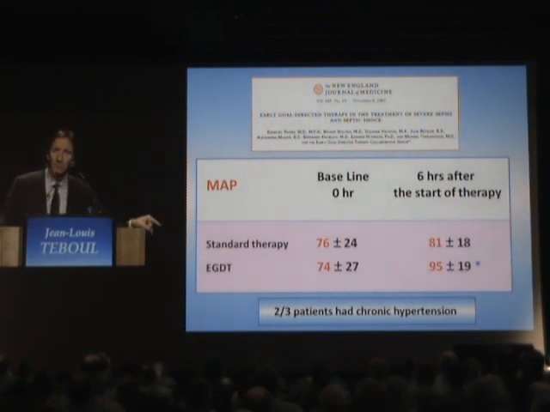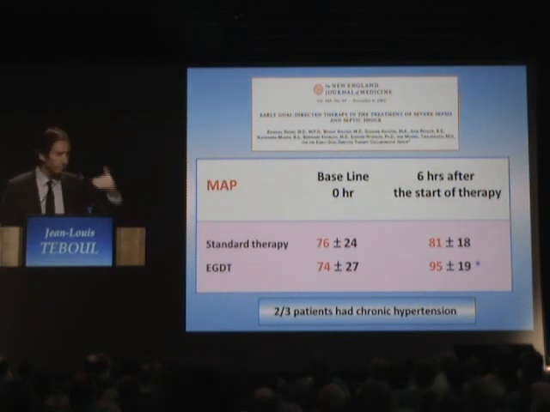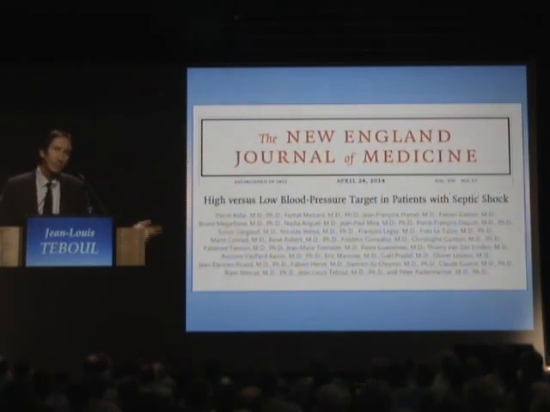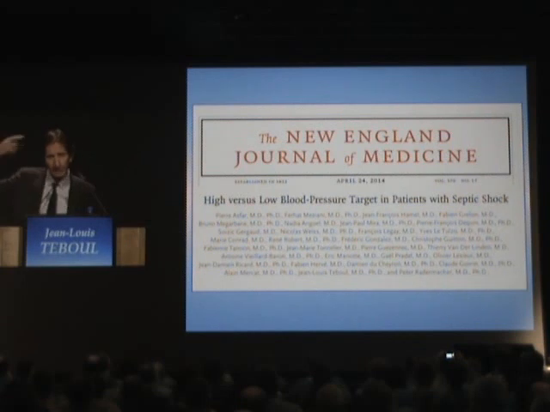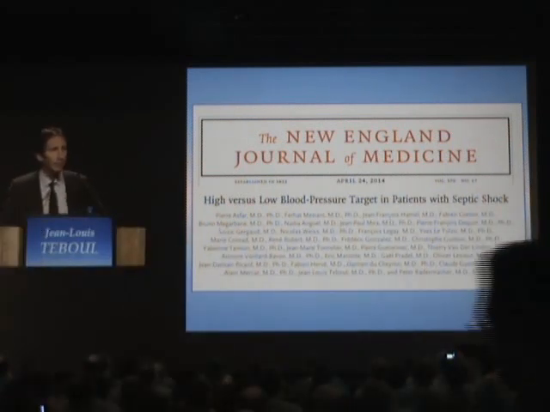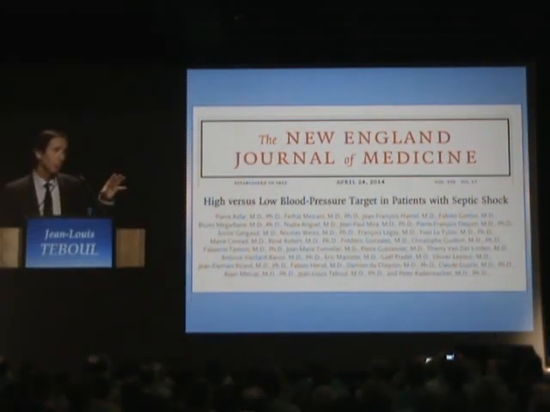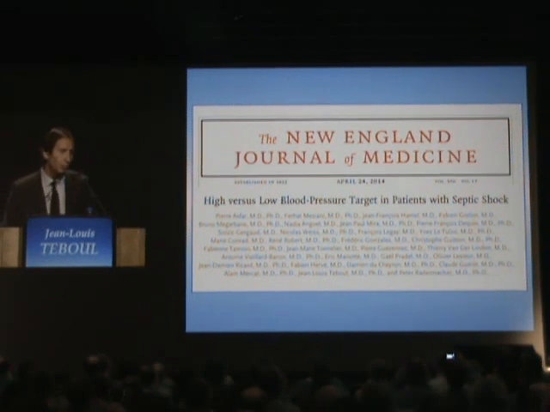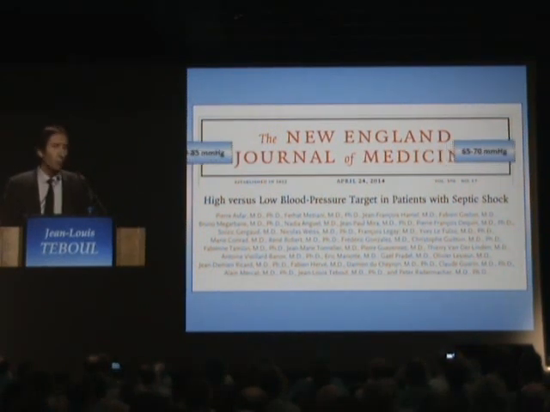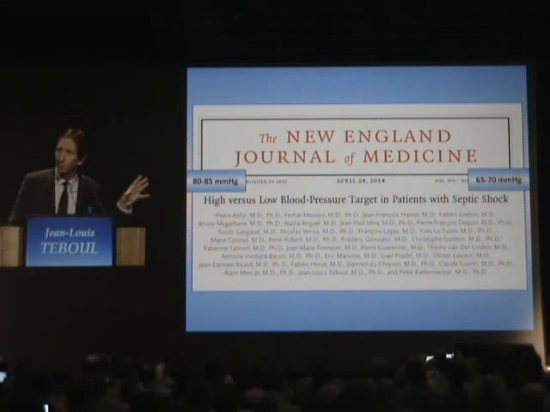But in this study, two-thirds of patients were hypertensive before. So this is the reason why with Pierre Asfar and other colleagues, we conducted a study which was a multi-center randomized trial trying to compare two levels of mean arterial pressure.